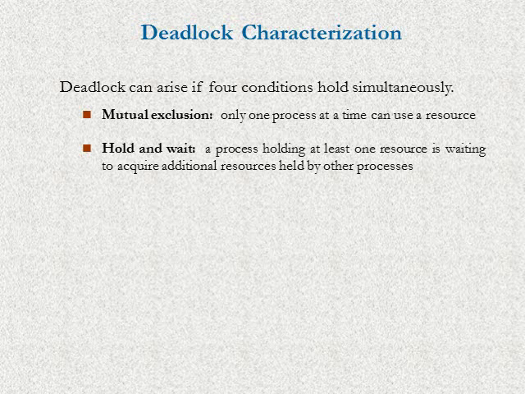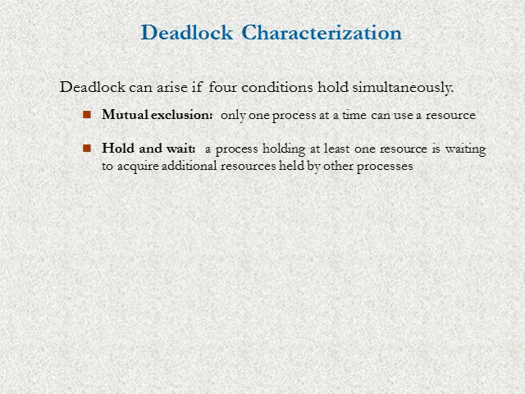Having both of these conditions is necessary to have a deadlock in the system. So first of all, resources should be mutually exclusive in nature, and then processes hold them in a way that one process is holding one resource and requesting the other resource.